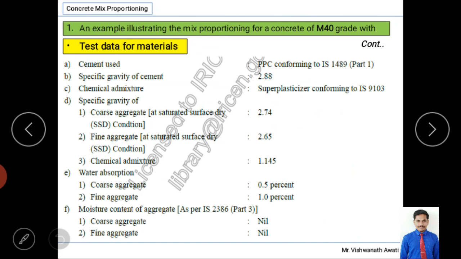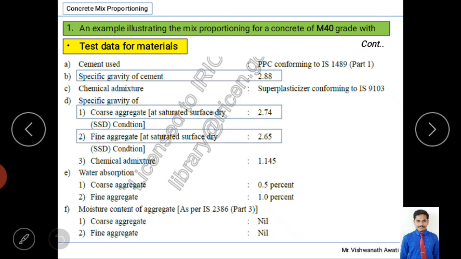Here cement is PCC, but what we have to remember to solve the problem is the specific gravity of each material. Specific gravity of cement is 2.88. Specific gravity of coarse aggregate at saturated surface dry condition, SSD, is 2.74.